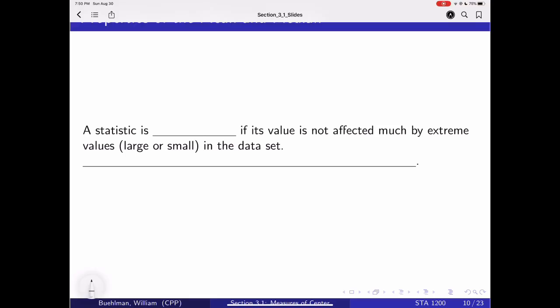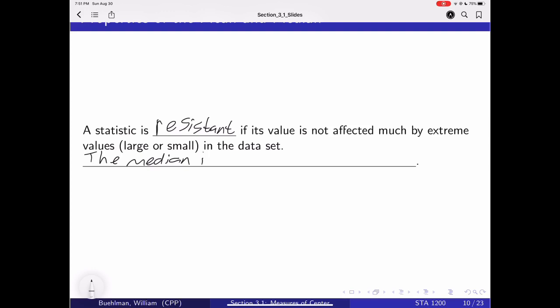A statistic is resistant if its value is not affected much by extreme values, large or small, in the data set. So if there's really large values or really small values in a data set and the statistic doesn't change much, we call it resistant. So we have the median and the mean.